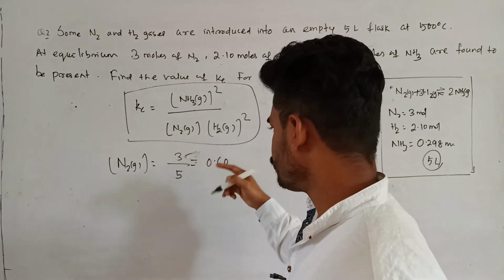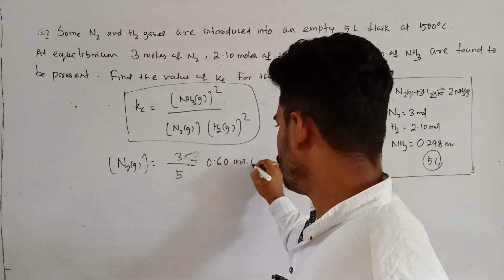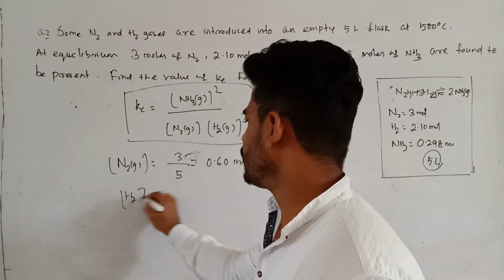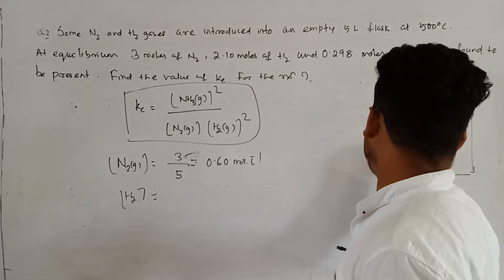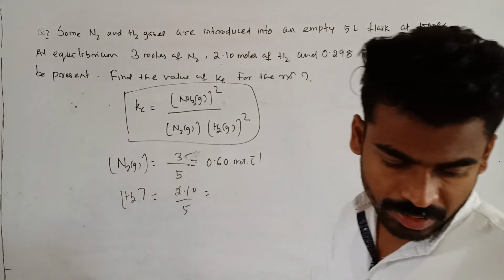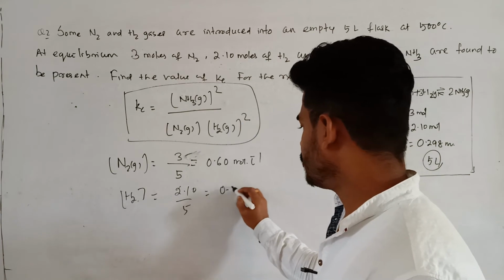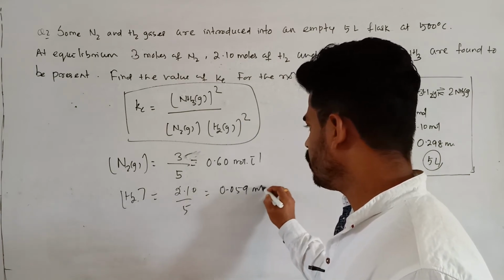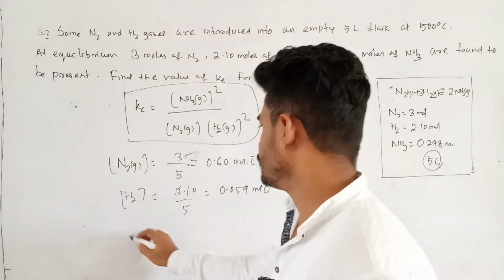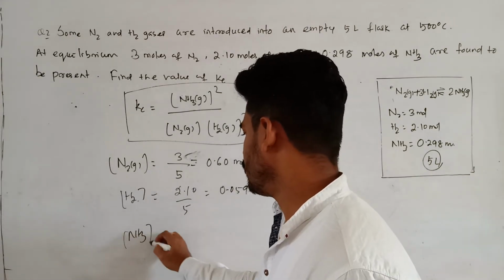that will be equal to 0.60 mole per liter. Similarly, the concentration of H2: how many moles? 2.10 divided by 5, that will be equal to 0.059 mole per liter. Next, the final one, what is the concentration of NH3 over here?